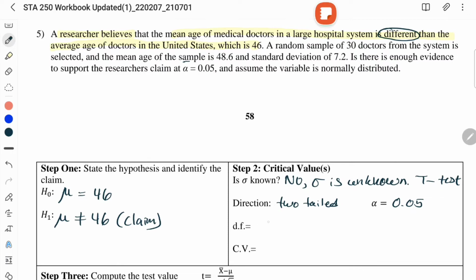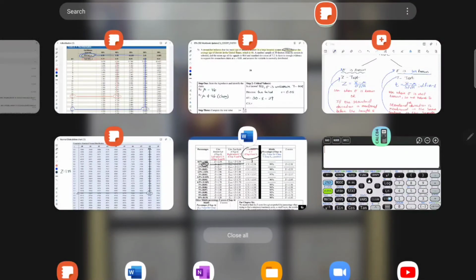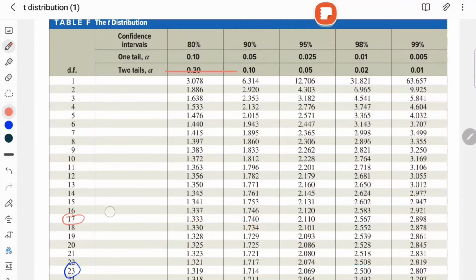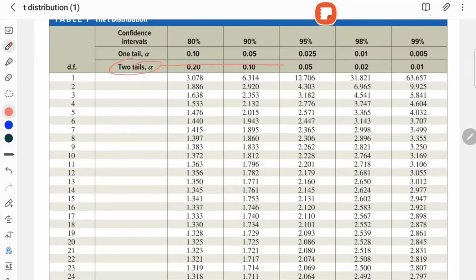So degrees of freedom is the sample size minus 1. We're looking at 30 doctors, so our degrees of freedom will be 29. The critical values for a two-tailed test are going to be both positive and negative. Let's clear that. This is a two-tailed alpha, 0.05.